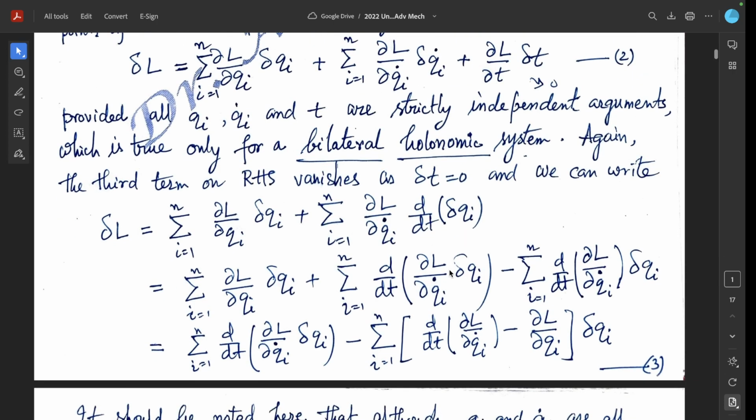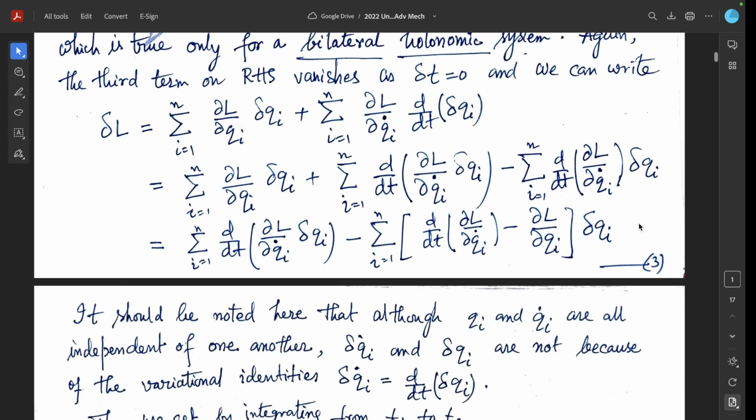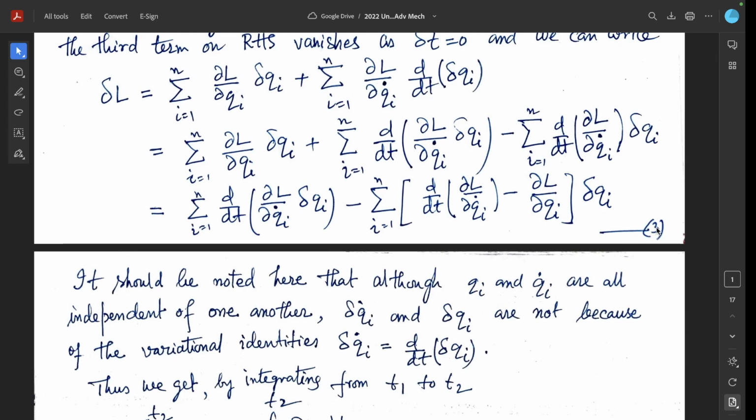So we write del L by del qi times delta qi, plus d/dt of del L by del qi dot times delta qi, minus the summation over i of d/dt of del L by del qi dot times delta qi. So we get this d/dt term minus this term, and delta qi is common. So the summation of d/dt of del L by del qi dot minus del L by del qi, into delta qi, equation 3.